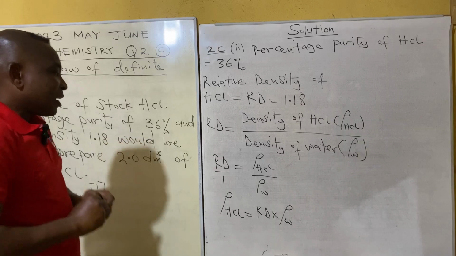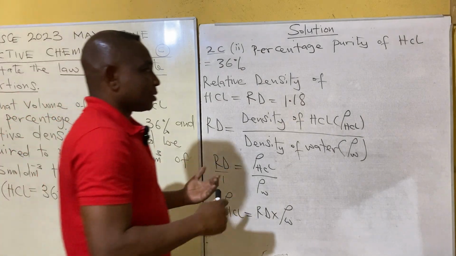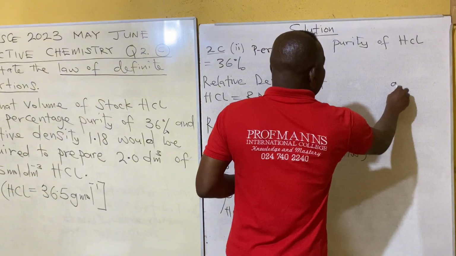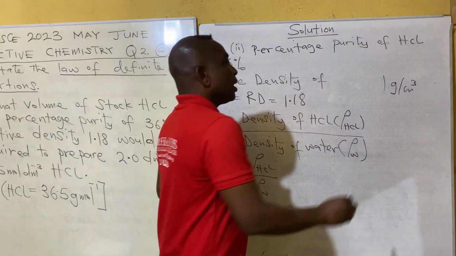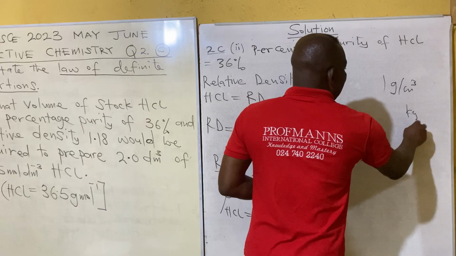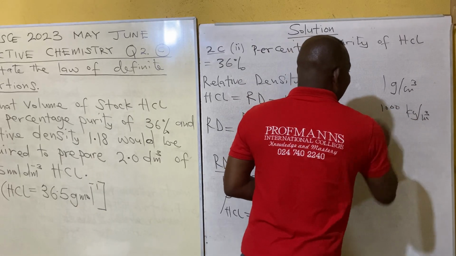Now, the density of water is constant. If it is in g/cm³, then it is 1. If it is expressed in kg/m³, then it is 1,000.